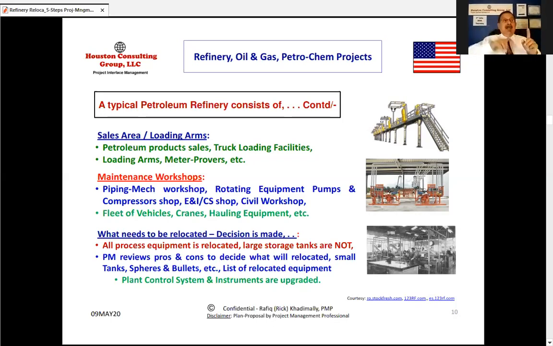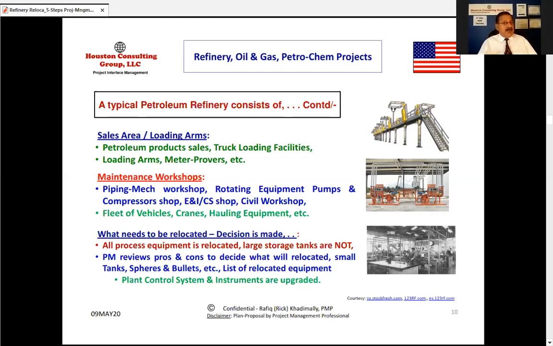In a relocated refinery, you take the process, the important parts, the important components, equipment, build your own tank farm at the relocated place, unless the pros and cons are determined by that. So what needs to be relocated is a decision to be made. All process equipment will be relocated.